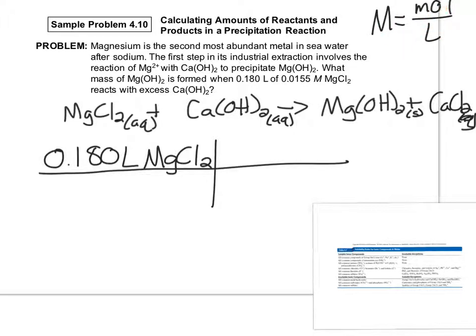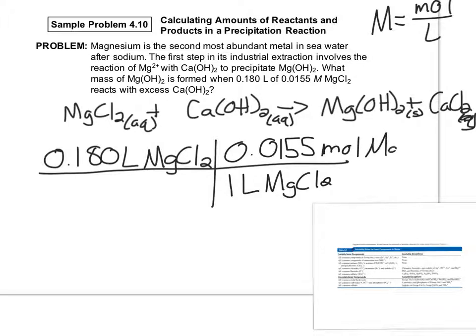I can go from liters to moles or moles to liters. So since I have liters on top, I'm going to put liters on the bottom. So in 1 liter of my magnesium chloride, I have 0.0155 moles of magnesium chloride.